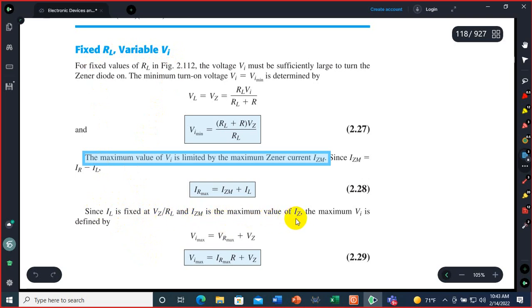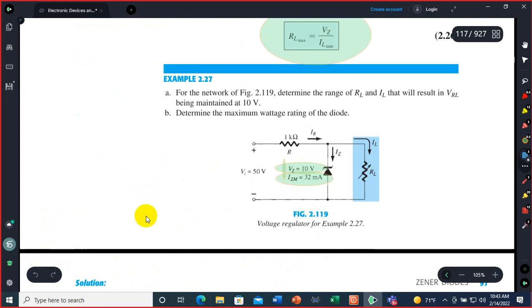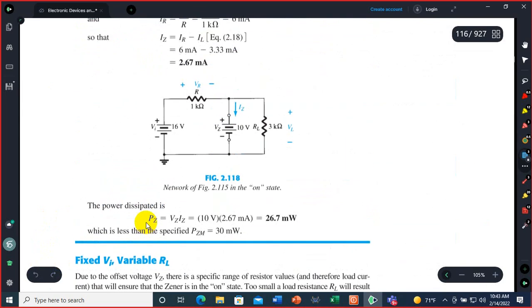The maximum Vi is defined by Vi max equals VR max plus Vz. This Vz is constant for the Zener diode. So what is the maximum voltage drop across this resistance R?